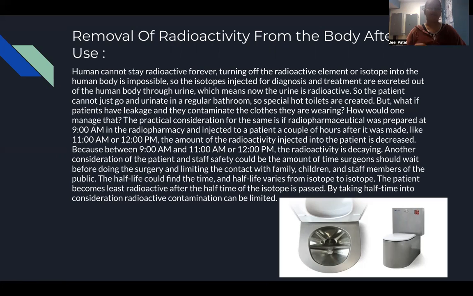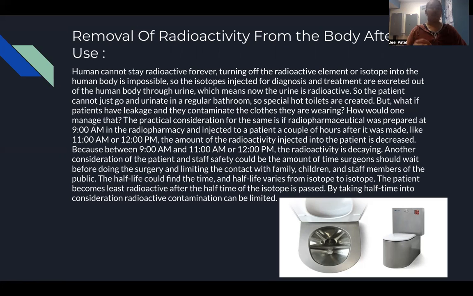So the researchers using these isotopes for diagnosis or treatment came up with a fantastic idea of hot toilets, so that patients can urinate.